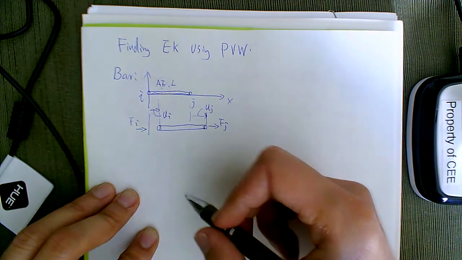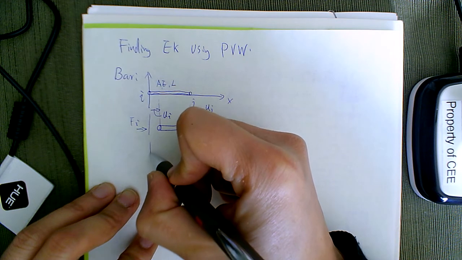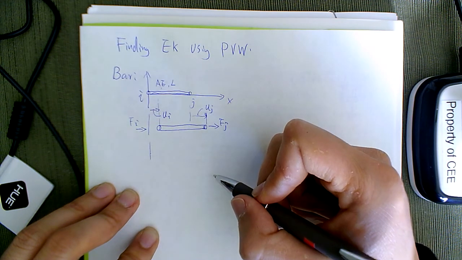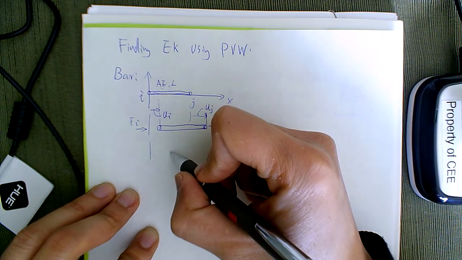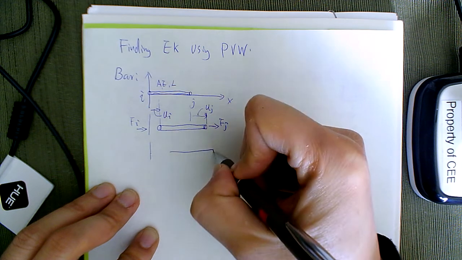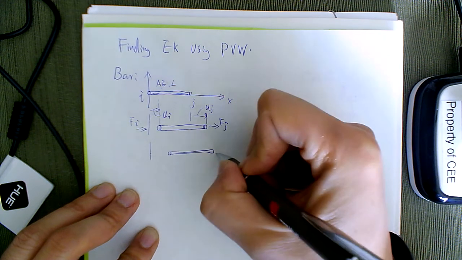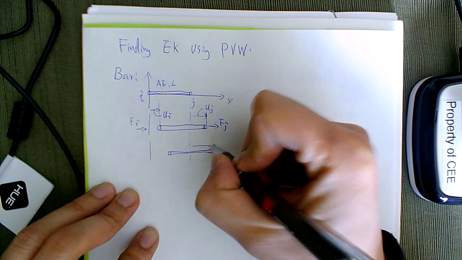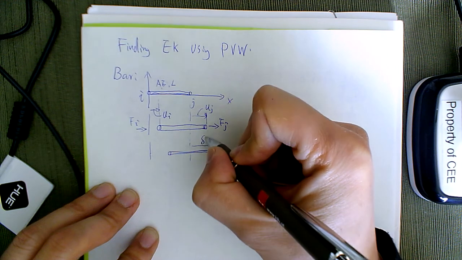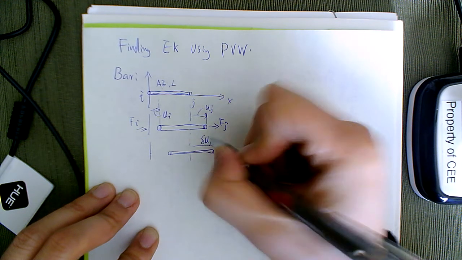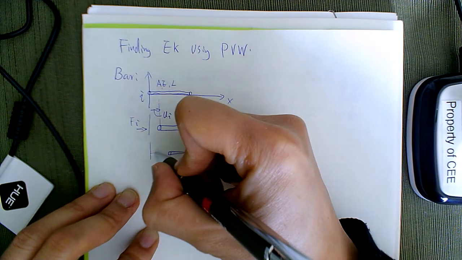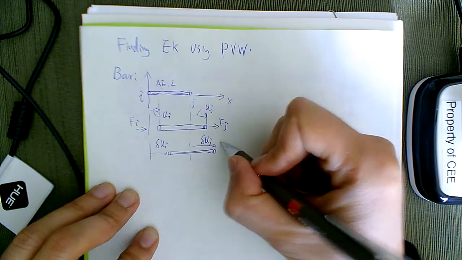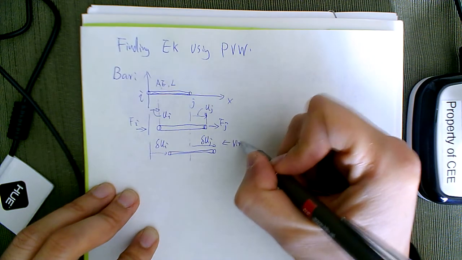And then guess what? We're going to do the principle of virtual work. We're going to impose a not true, which is virtual, displacement. This can be your virtual uj, and this will be your virtual ui, and those guys are virtual.